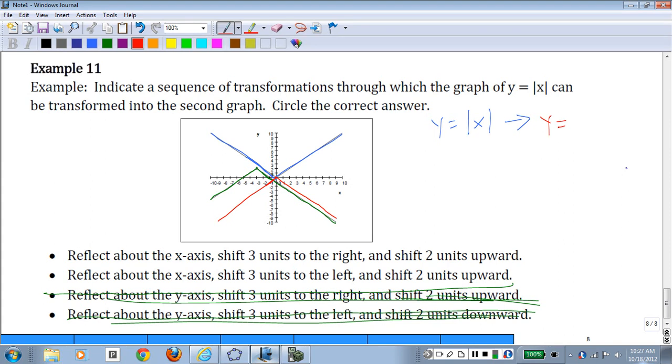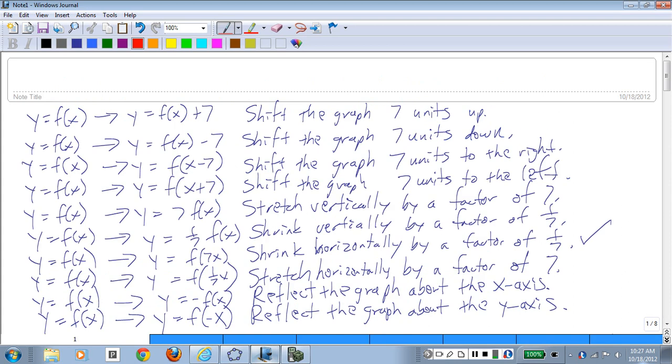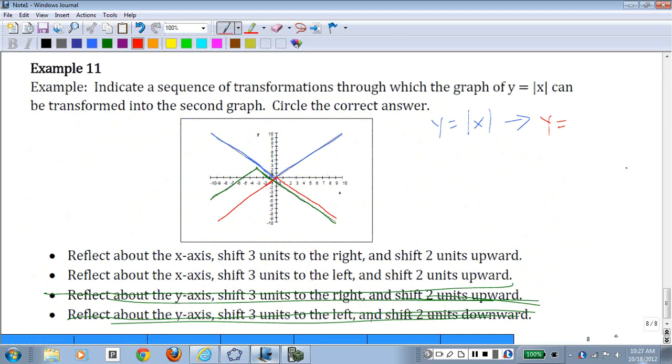Take the right-hand side and do what for an x-axis reflection? Multiply by -1. And we get the graph reflected about the x-axis. So over there, y equals the opposite of the absolute value.